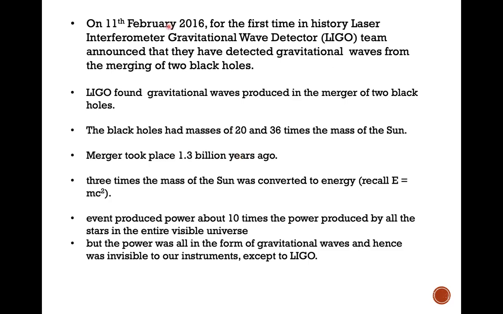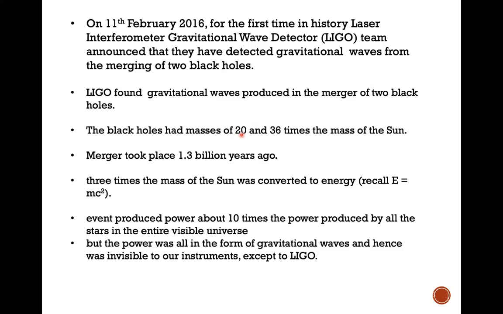Now, on 11th February 2016, for the first time in history, they detected gravitational waves from the merging of two black holes, right? And now we have information about those two black holes as well. They found the gravitational waves produced by the merger of these two black holes, and even the masses of the black holes have been calculated.